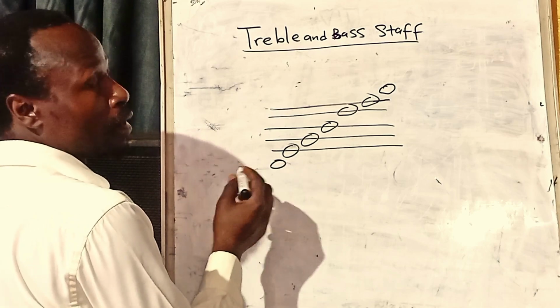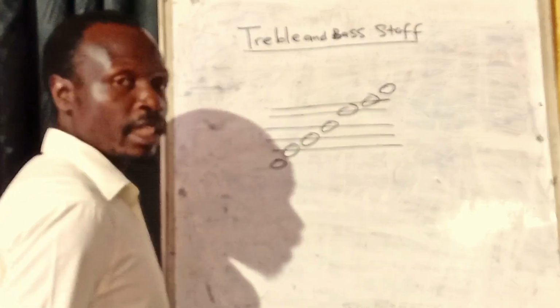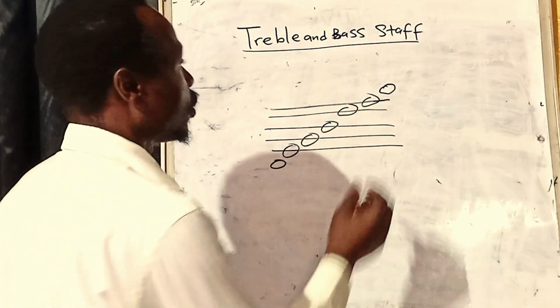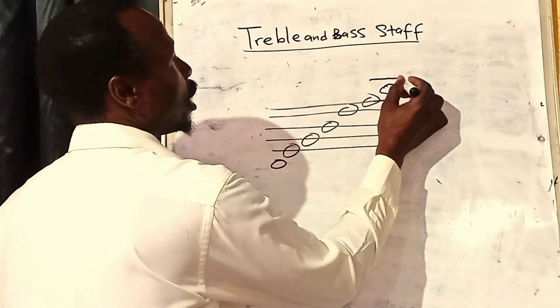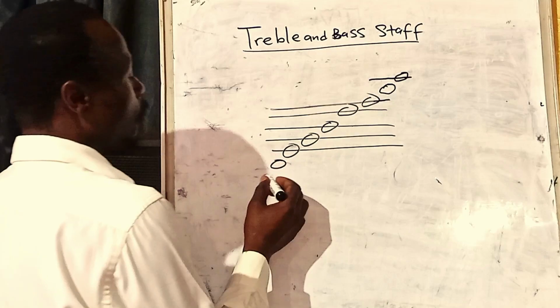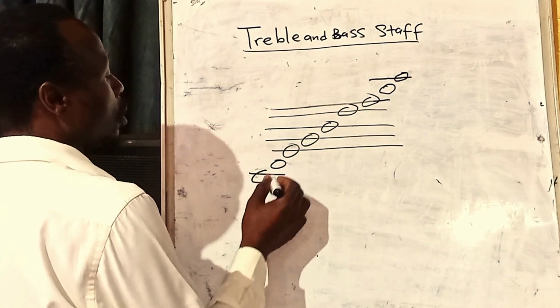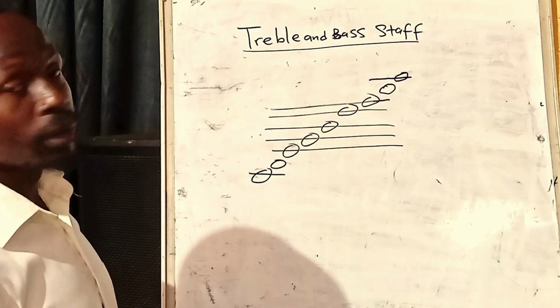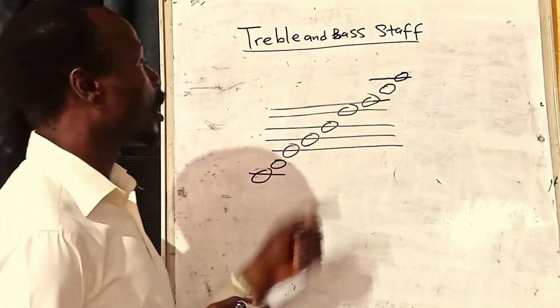Now our ledger line comes above. A ledger line is a short line added above or below the staff. So this is our ledger line added up, and then we add our notes there. Below also, put it there like that. So these are our ledger lines.